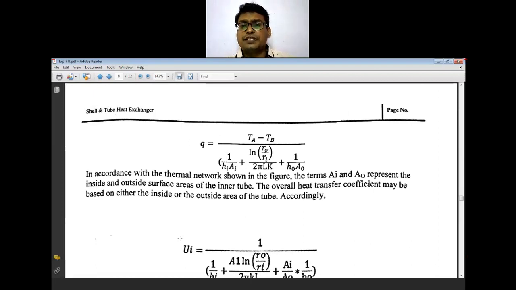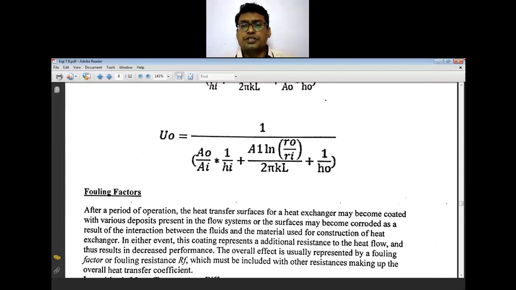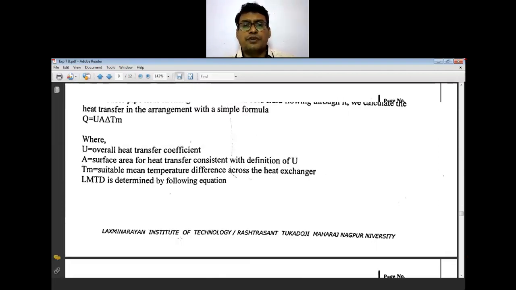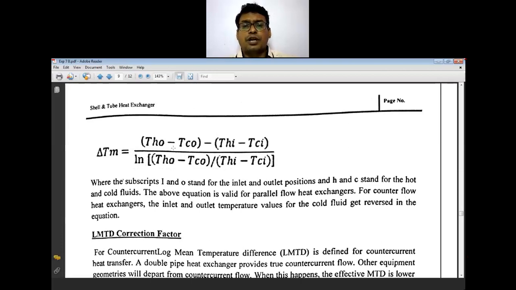From the different resistances, I am going to calculate the overall heat transfer coefficient U0, then the log mean temperature difference. This is the formula: (THO minus TCO minus THI minus TCI) upon ln of (THO minus TCO upon THI minus TCI).